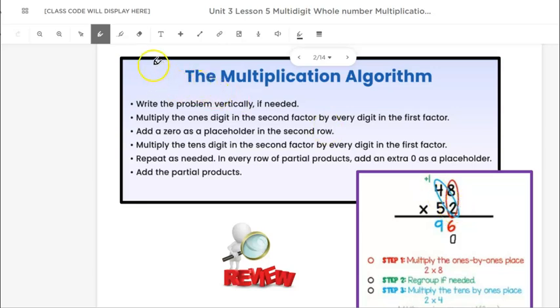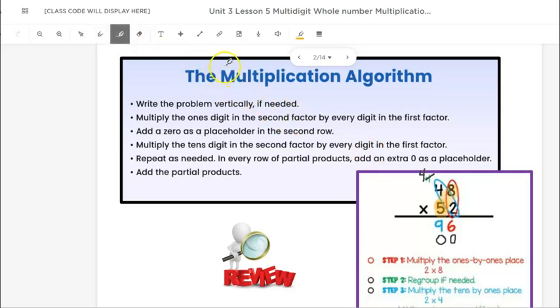And I am going to multiply that tens digit, which is a 5, to every digit in that first factor. So I'm going to do 5 times 8. That is 40. So I'm going to put down a 0 and carry a 4. I'll cross out the 1 from before.